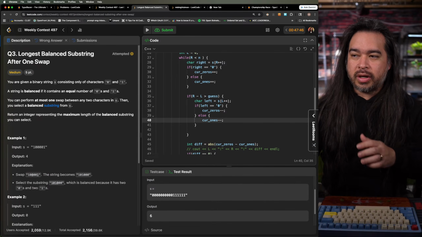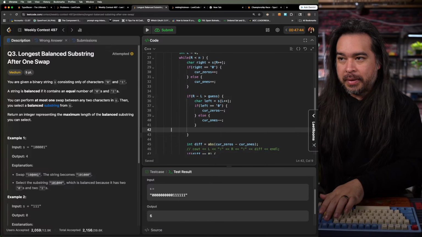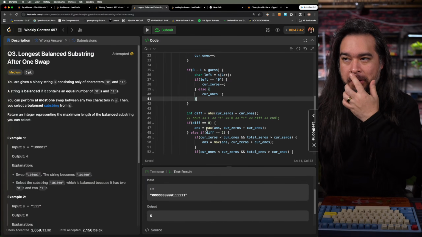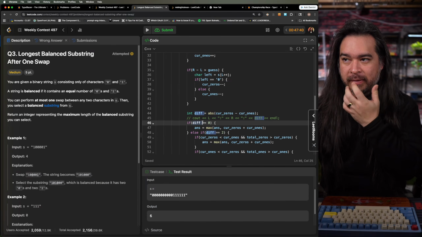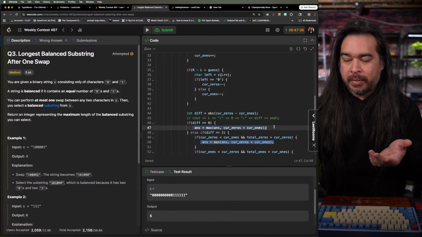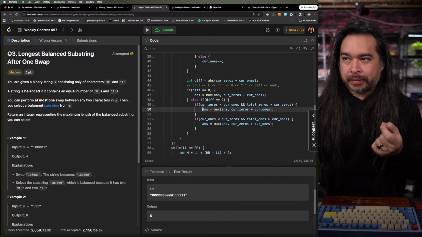So if we shrink our window, and if the diff is 0, we're good. If the diff is 2, we could potentially make it good.